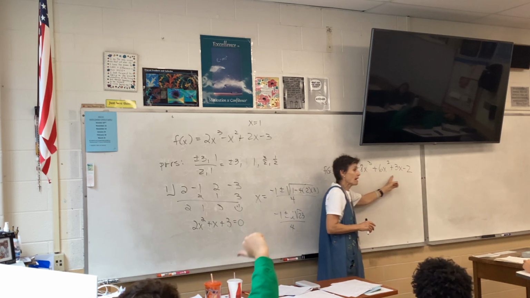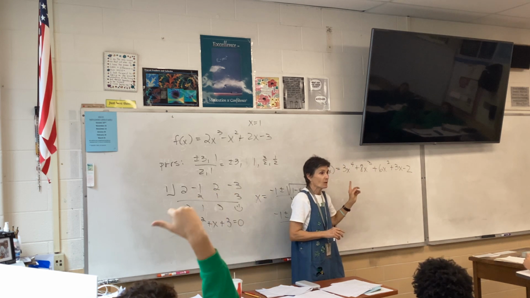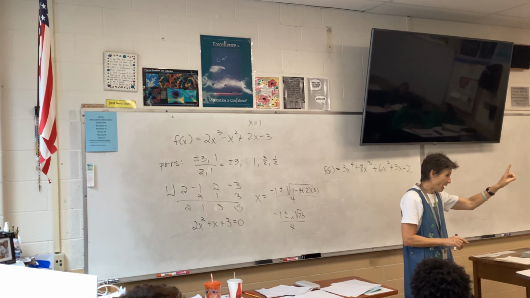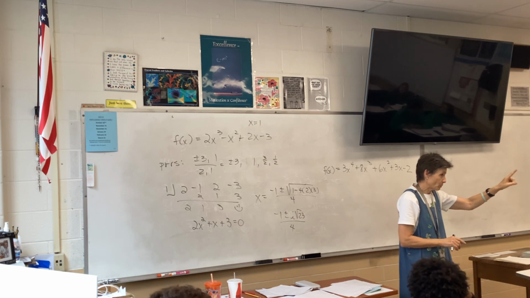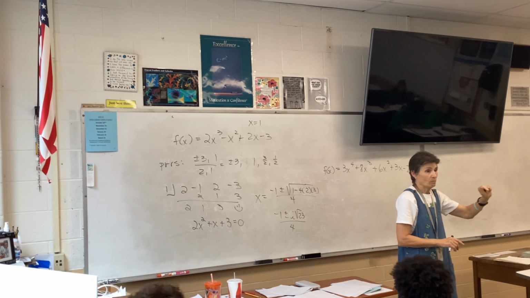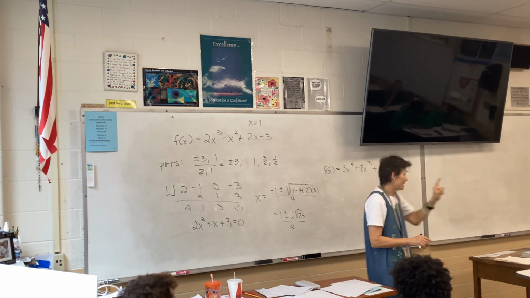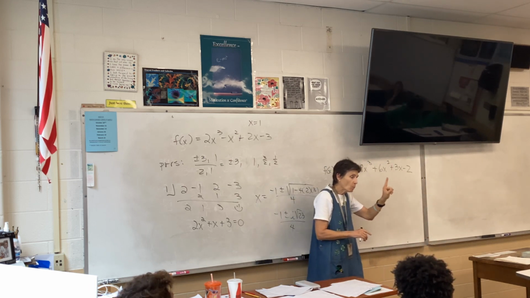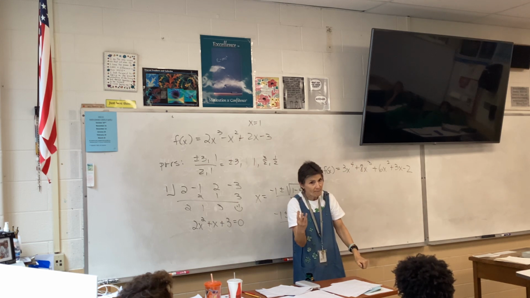Hey, take a look at this. How many sign changes do you see? 1. Now, what does that mean? There is a positive real root, right? Now, can there be just 1 in this problem? No, because if there were only 1, there would have to be 3 imaginary, and is that possible?